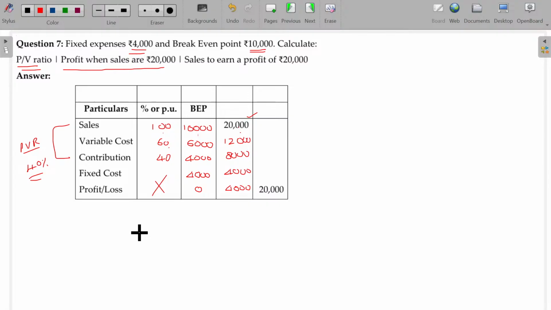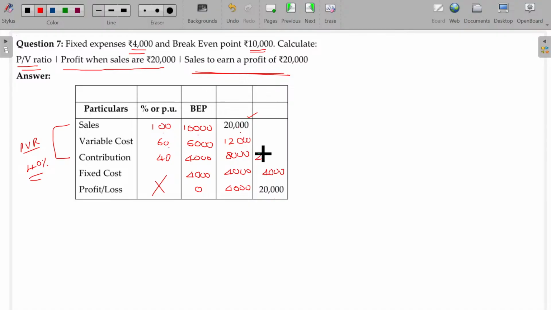Next question. What could be the sales required to earn a profit of 20,000 rupees? As the profit is 20,000 rupees, what is the fixed cost? Fixed cost remains the same. To earn 20,000 rupees, you need to have the contribution 24,000 because you have to meet the fixed cost. Thereafter, whatever the leftover contribution is for your pocket. So 4,000 should also be earned, and your required profit 20,000 should also be earned.